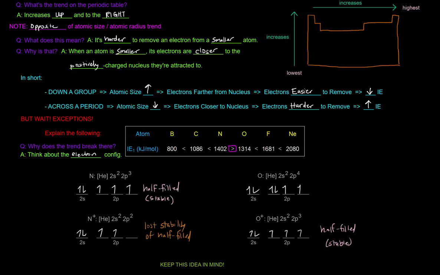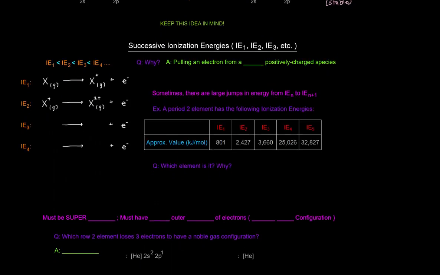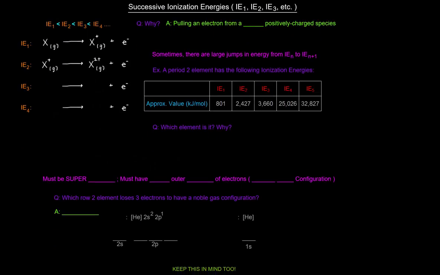So that is the reason for the trend breaking here. Nitrogen's first ionization energy is going to be higher than that of oxygen for this reason. So keep that in mind when you come across potential exceptions later in your studies. Okay, so we mentioned successive ionization energies being higher earlier.